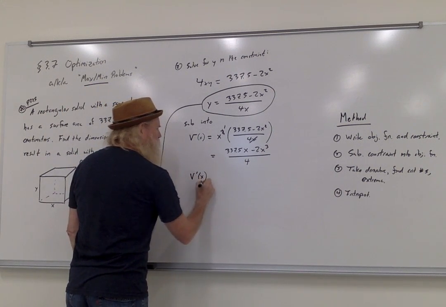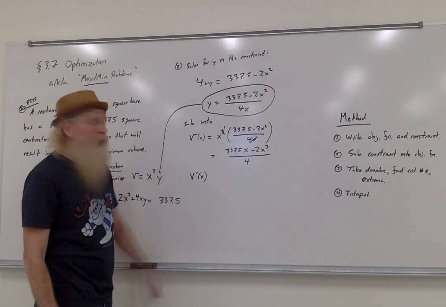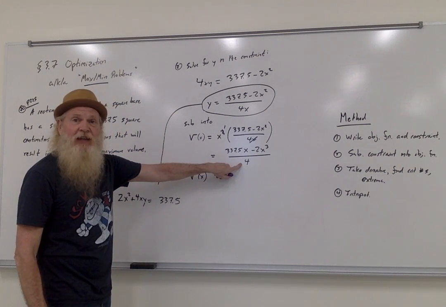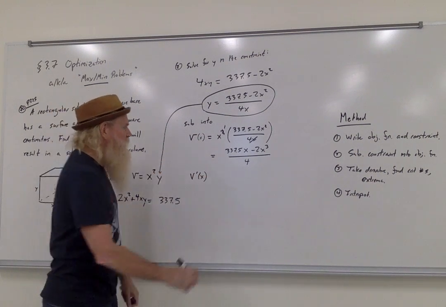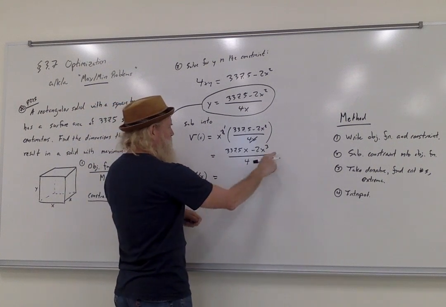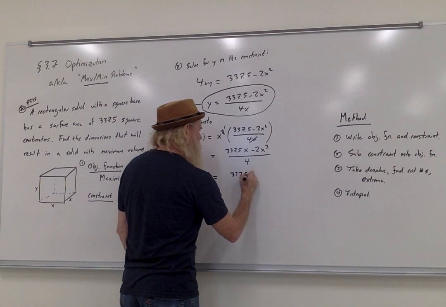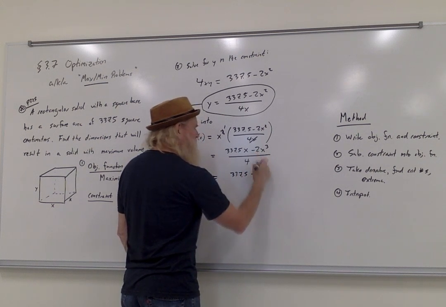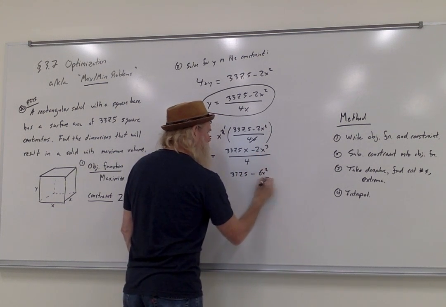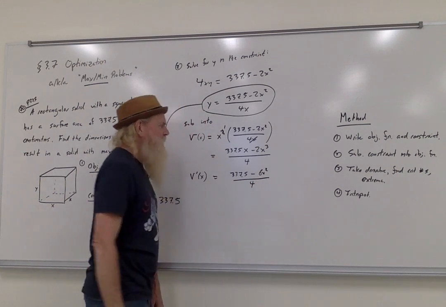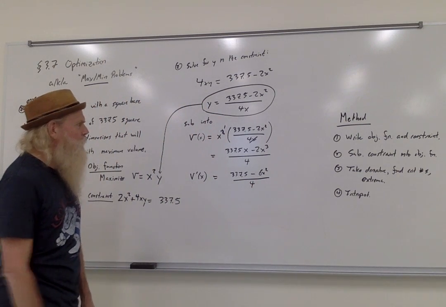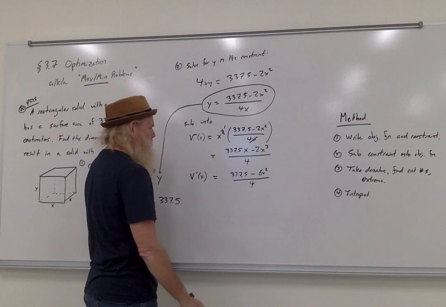Now remember, when I take the derivative of this, I don't have to use the quotient rule because the denominator is a constant. So I can just differentiate the numerator. The derivative of the numerator is 337.5 minus 6x squared, and then divided by that constant 4. Oops, yes, that's right, 6x squared.